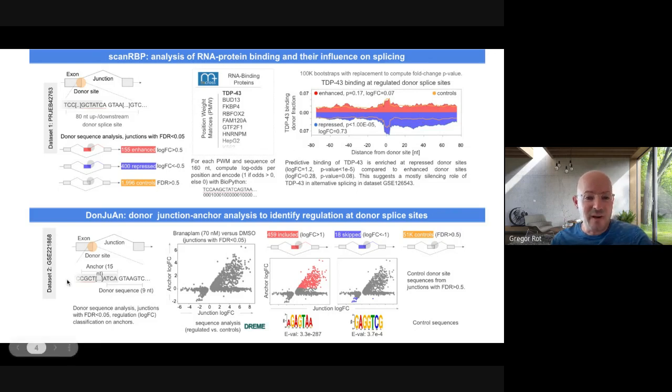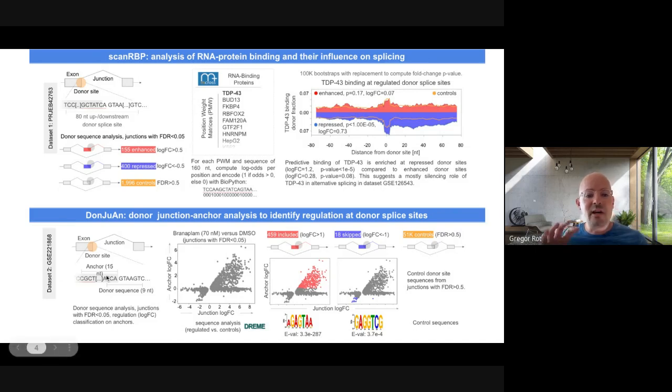And Djon, so donor junction anchor analysis, here again, we take the significantly changed junctions, but then we add another layer and we construct anchors. Anchors are 50 nucleotide regions at the donor site. And then we do counting of reads again in the anchors and do the analysis of the anchors.